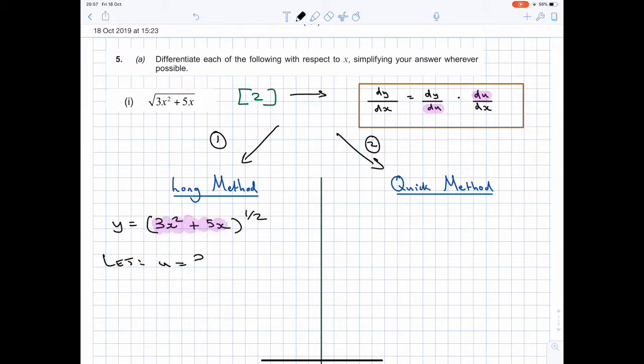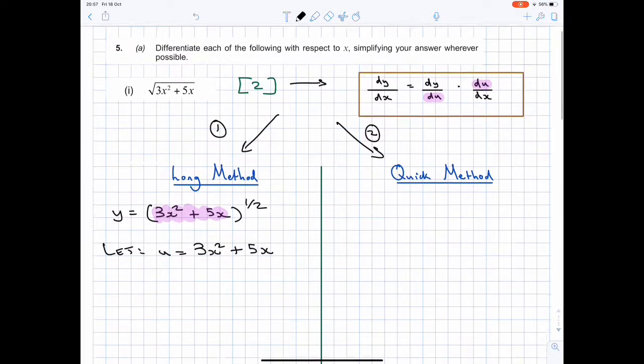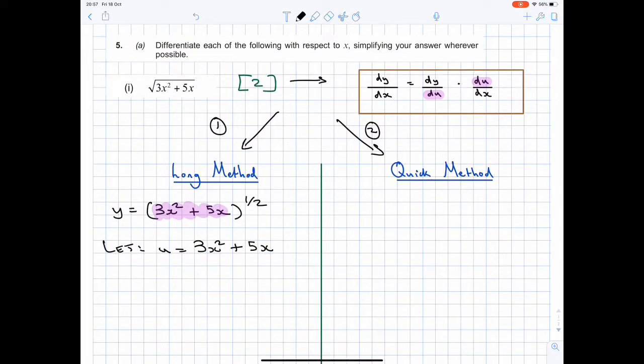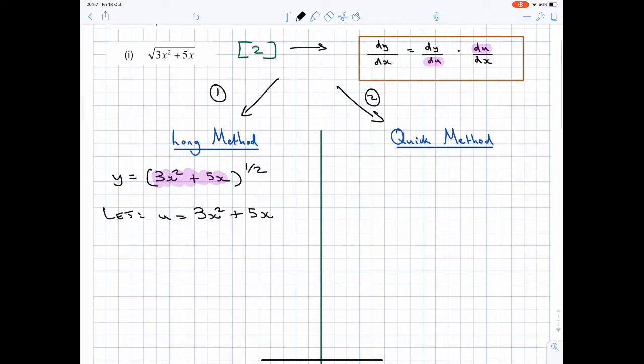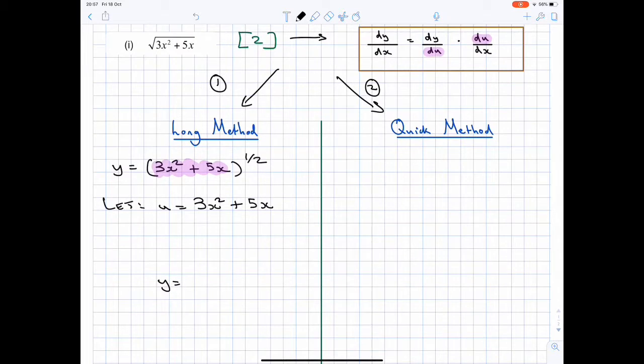So I'm just going to write 3x squared plus 5x, so that the examiner knows exactly what the u is equal to. I'm going to leave some space, and if I put this back into our original expression, we will see that y will now equal u to the half.